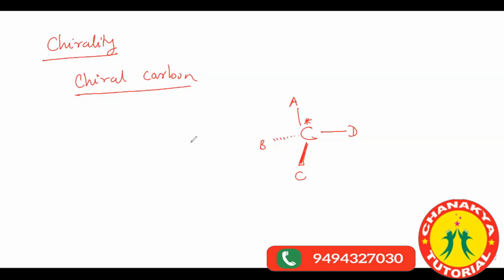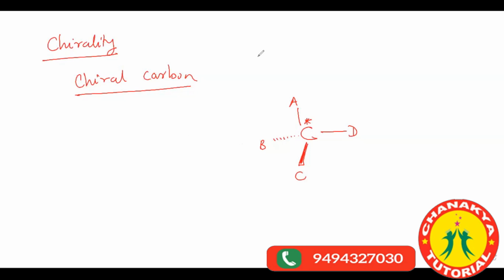Fine. So, what about this chirality? Why do we have to see the chirality, and why is it very important? Chirality is important to understand the configuration of the molecule, whether it is rectus or sinister.